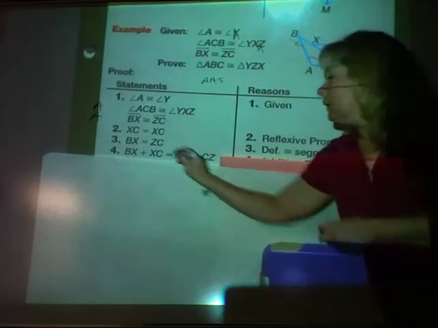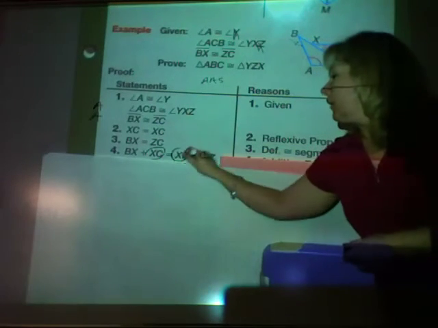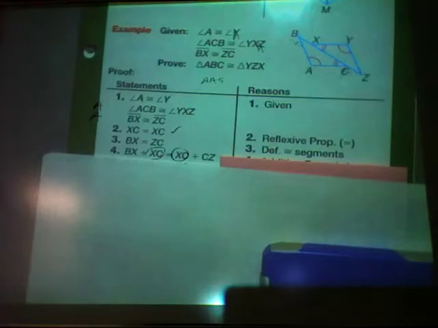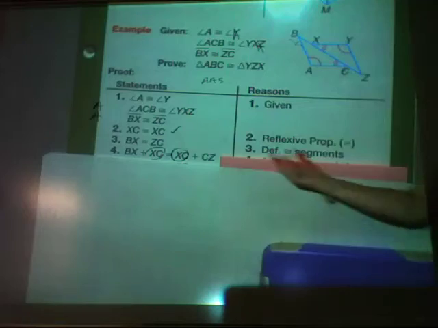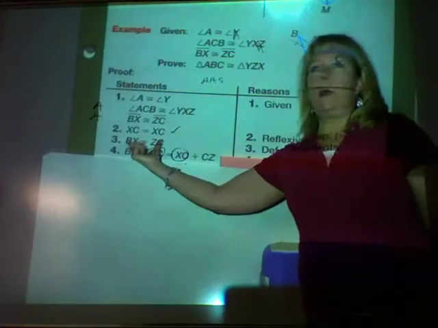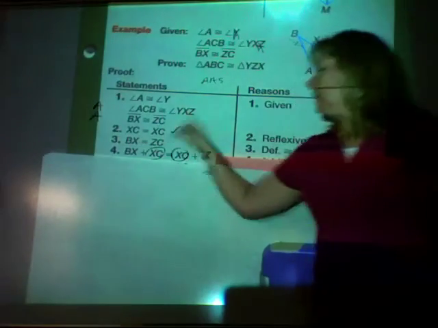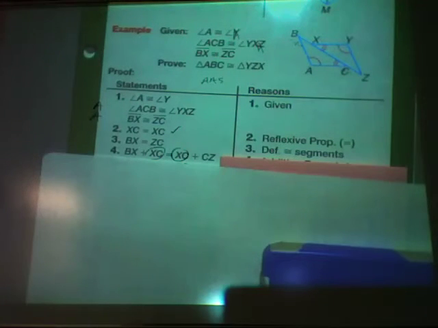Here's the XC and XC right here from this statement, right? Didn't we basically take two equal parts and add them to both sides of the statement? Isn't that what we did? And it created each of the halves.